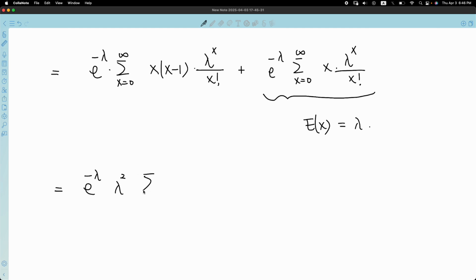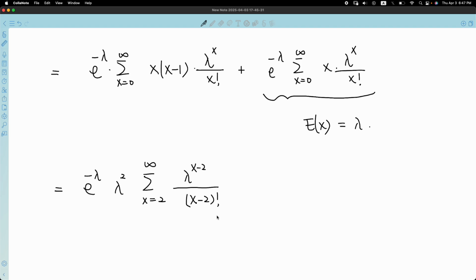That also means x starting from 2 to infinity, and then lambda to the x minus 2. I'm borrowing 2 more copies from the numerator to the front, divided by x minus 2 factorial. So I'm just applying the same trick twice to bring 2 more copies, changing the index for the summation, and changing a term here.